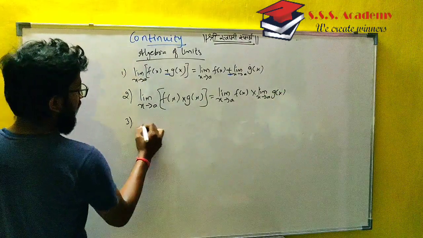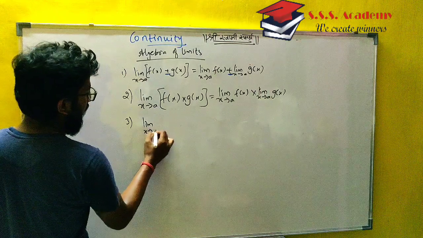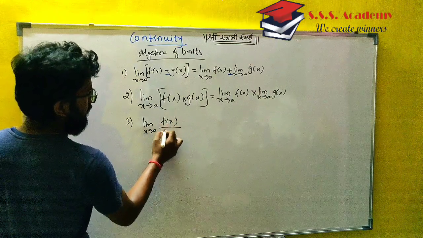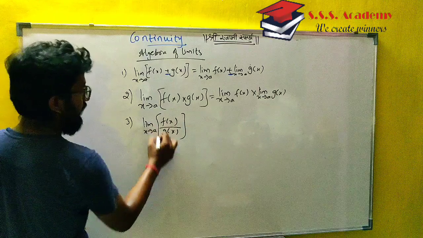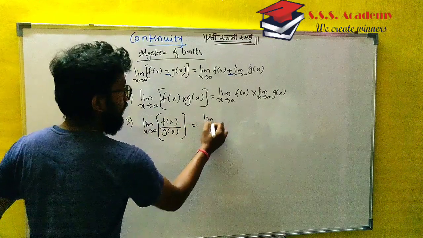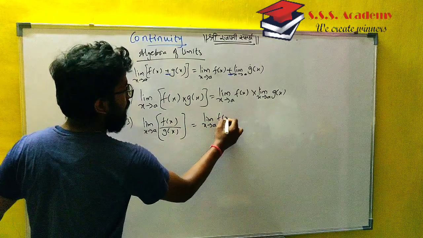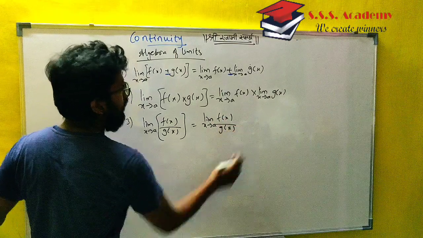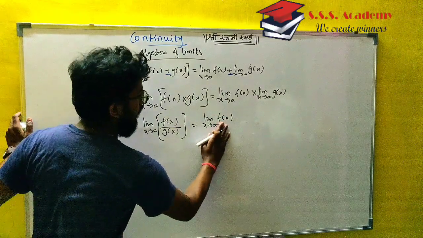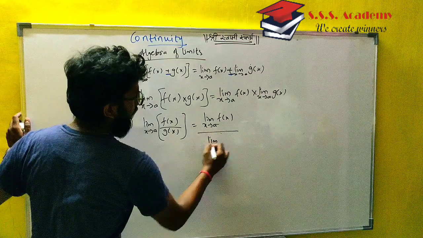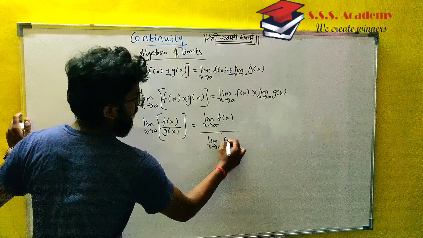Next, if the limit is applied to a rational function, how will the limit expand? The limit will go to the numerator function and the limit will go to the denominator function.